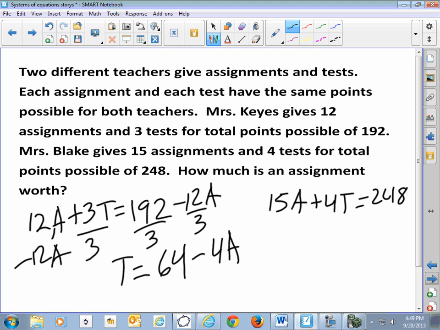So now I'm going to rewrite this one over here, but instead of T, I'll put 64 minus 4A. 15 assignments plus 4 times 64 minus 4A.